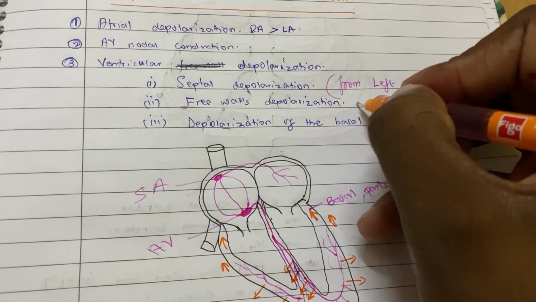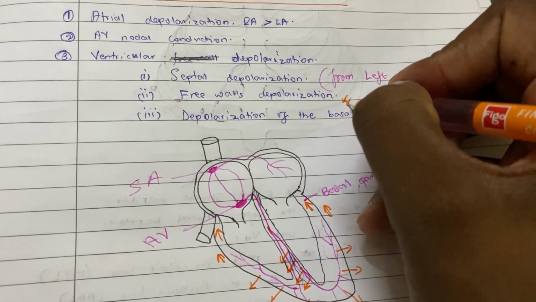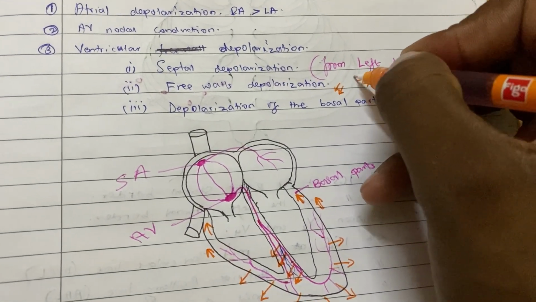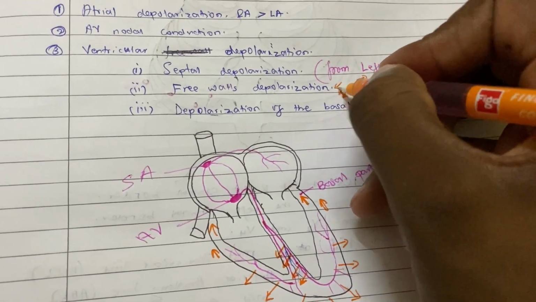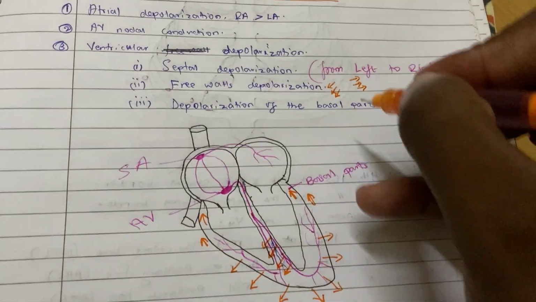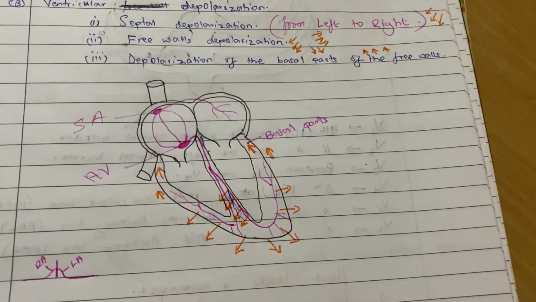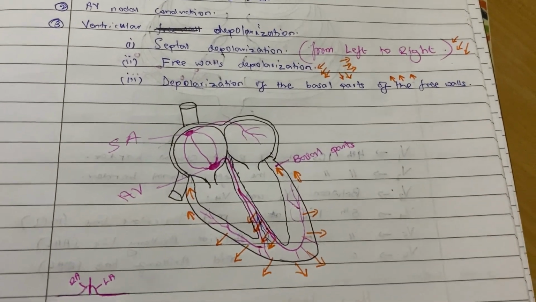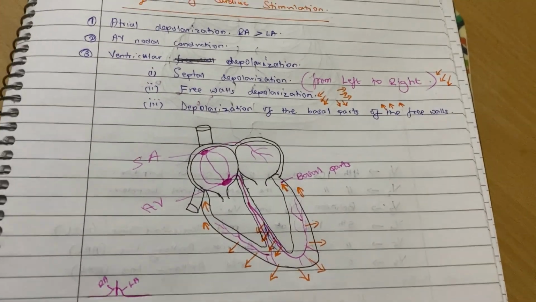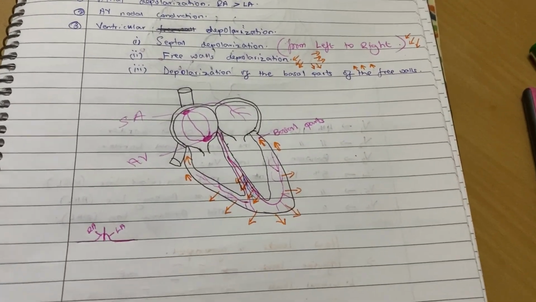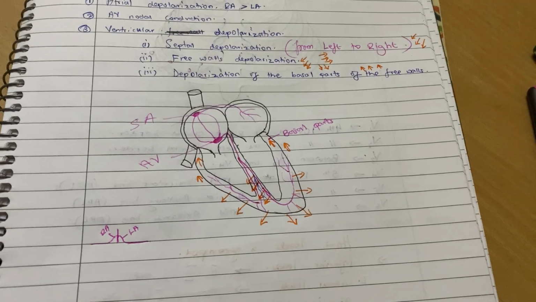Free walls, we have the right free wall and then the left free wall, and then the apex. Clear? Now that is the sequence.